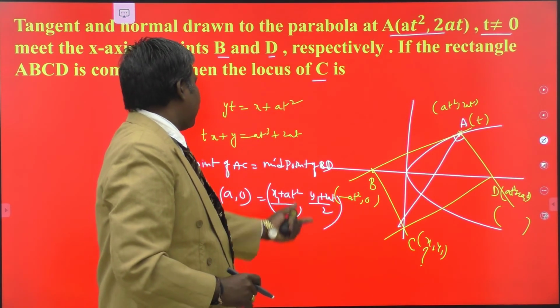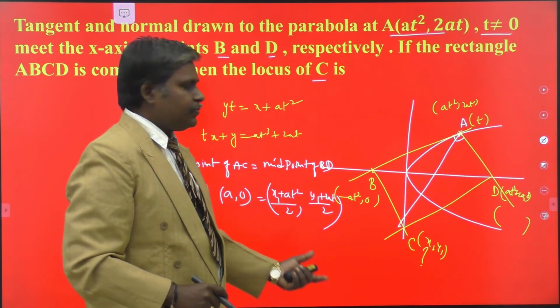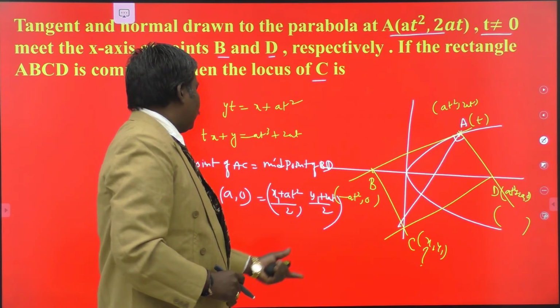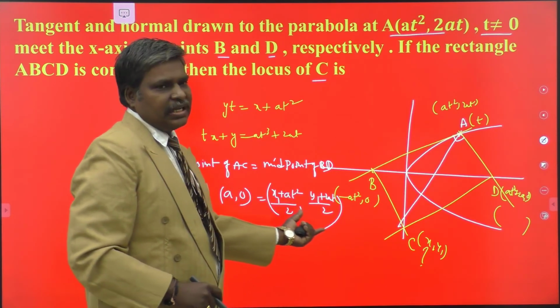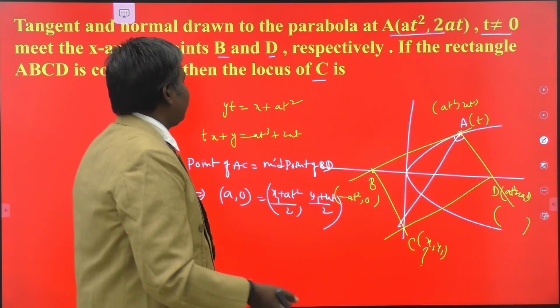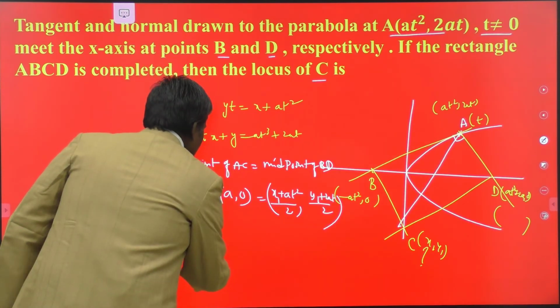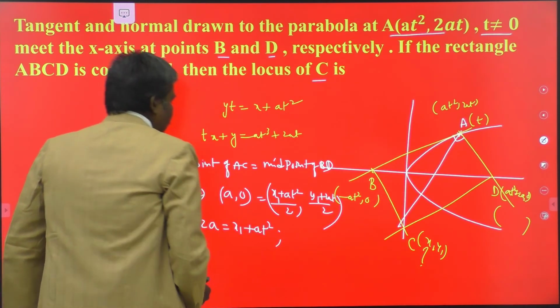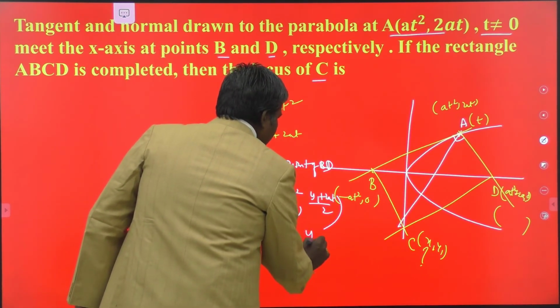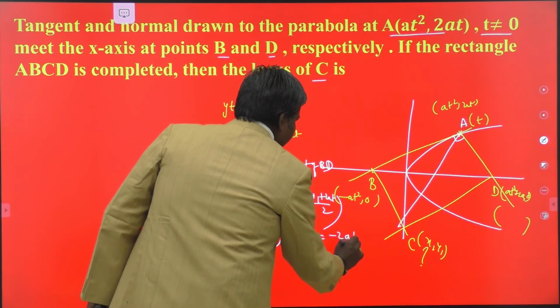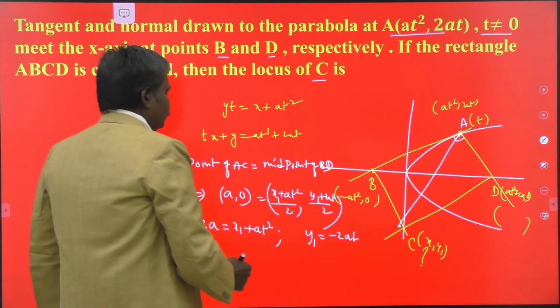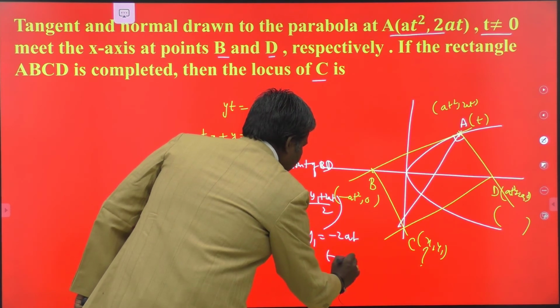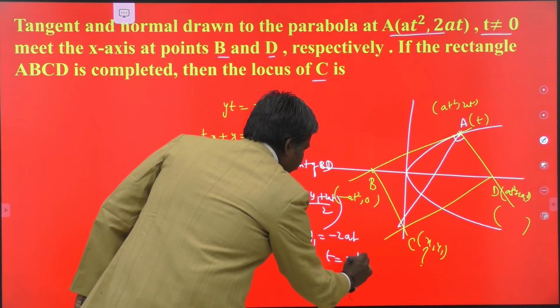This is the midpoint. So from this equation itself, by equating these two, we obtain two equations in terms of t. By eliminating t, we obtain the required locus. So 2a is x1 + at². And again, y1 plus 2at is 0. So t is equal to minus y1 by 2a.